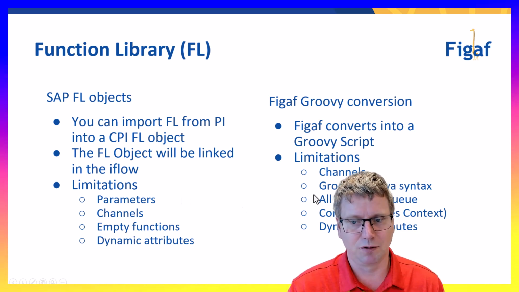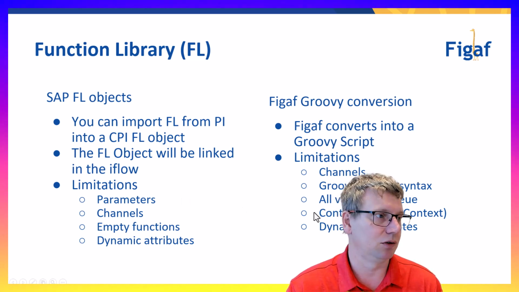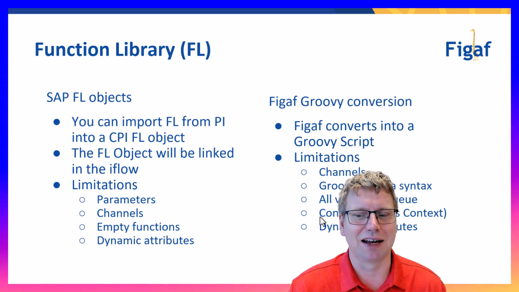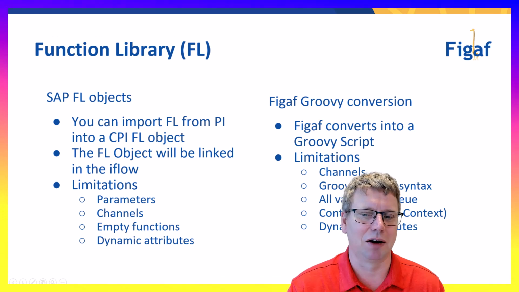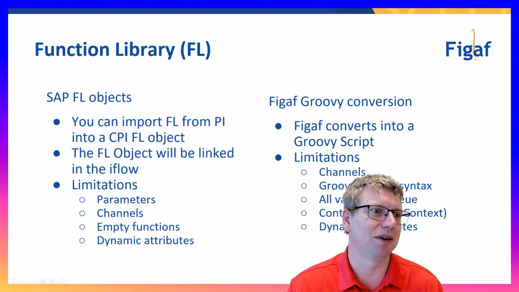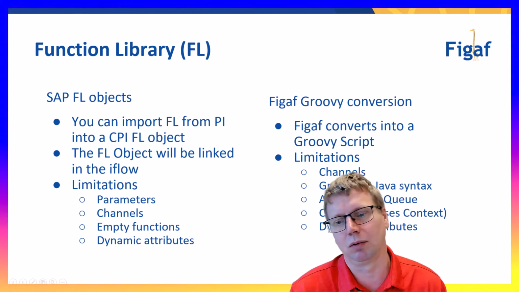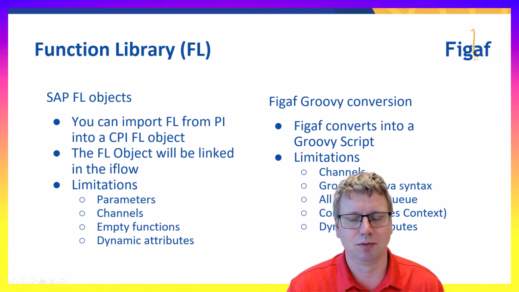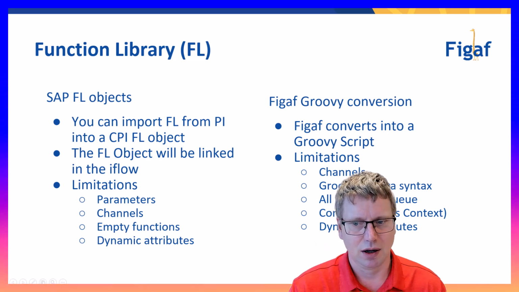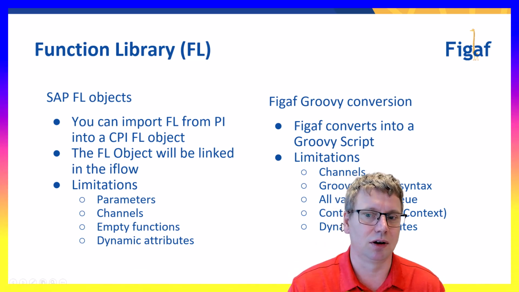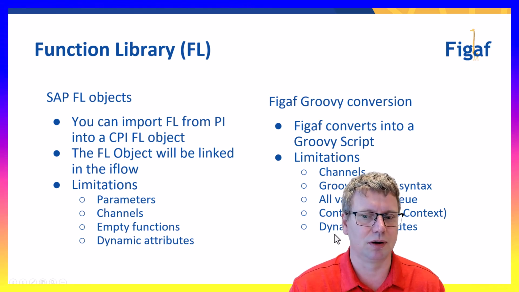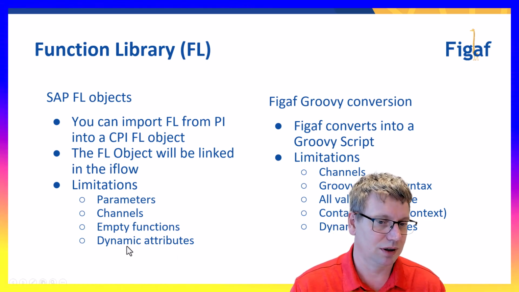In the Figaf tool we have a problem with all values of a queue. In 50% of cases, I don't think people have figured out which of them to use, whether they needed to select advanced or all values of a queue. So it may not really be a problem. Container is not in Groovy scripts, dynamic attributes are not in here either.